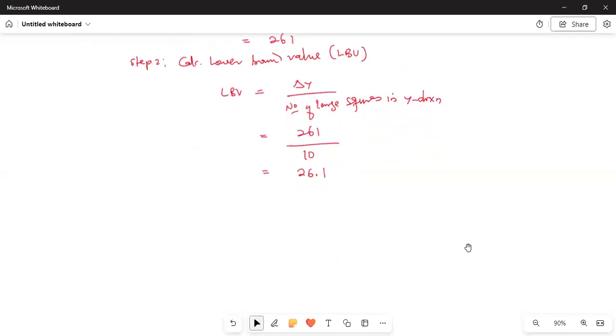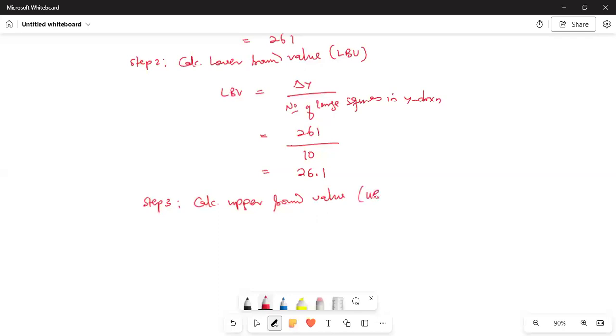Step 3. Calculate upper bound value, which I'll call UBV, okay? So upper bound value is equal to lower bound value times 2.